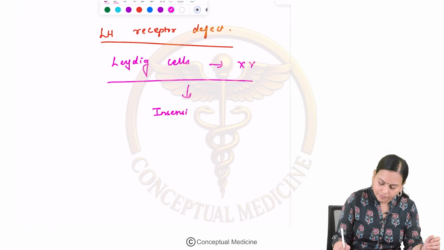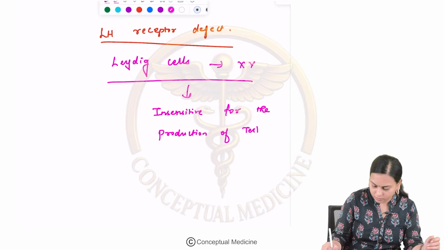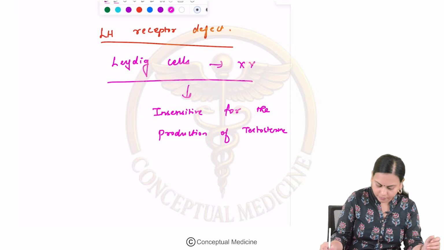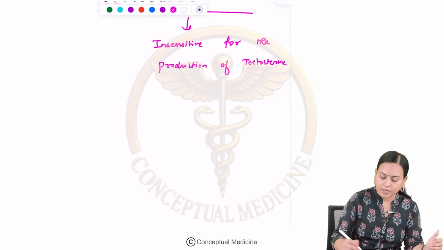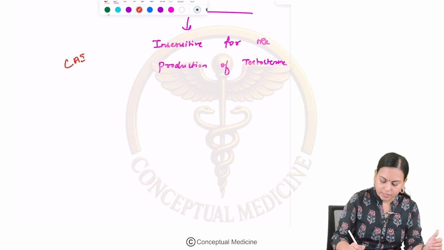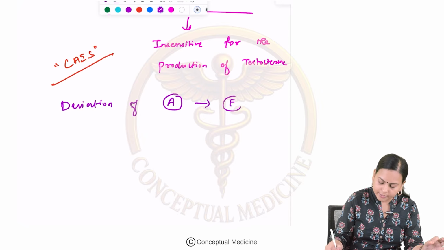These cells become insensitive for the production of testosterone. So this is similar to complete androgen insensitivity somehow. What is happening here is there is deviation of androgens to the estrogen pathway.